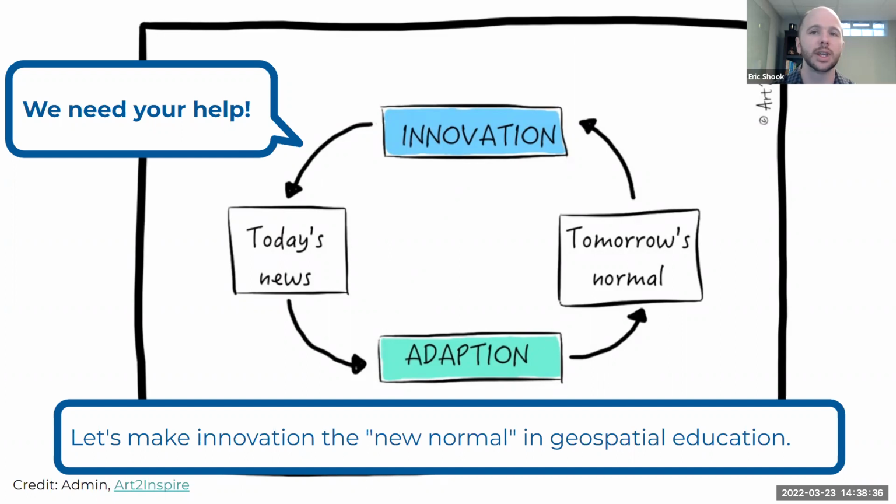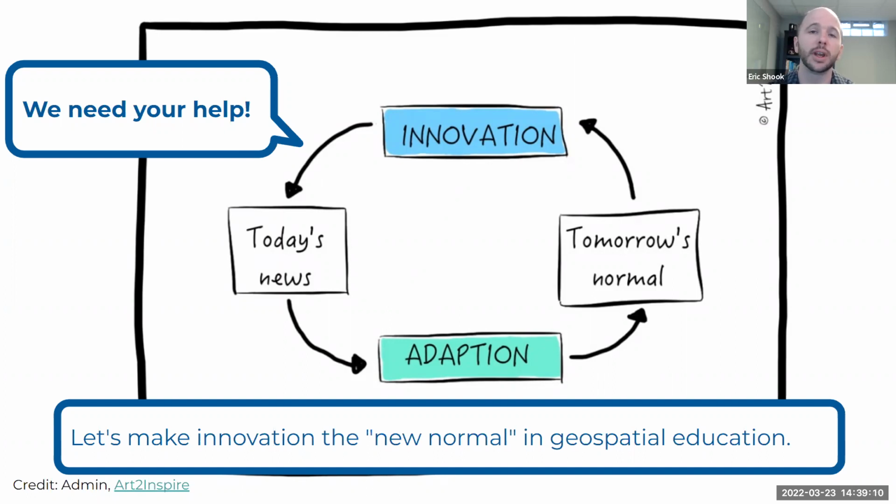And I know in the education space, everyone is talking about the new normal. Many people are talking about it in terms of what happens after we emerge from this COVID pandemic that we're all in, and what it's going to look like in terms of in-person versus more Zoom boxes versus a hybrid environment. But I'd like to reframe that conversation, at least for I-GUIDE and some of the activities that I'm in, to talk about a new normal in terms of geospatial education.